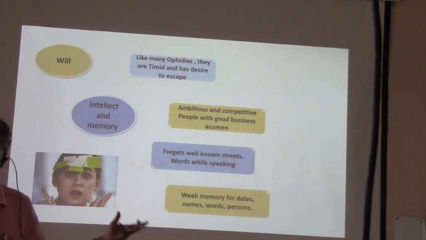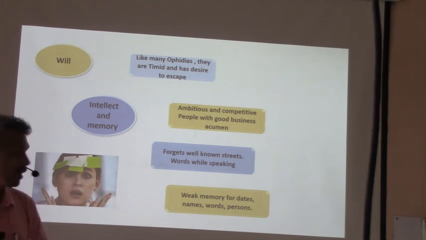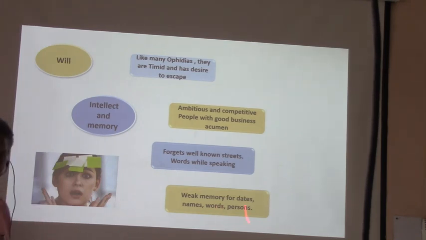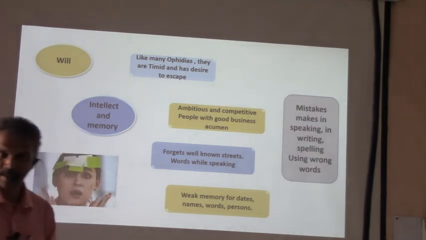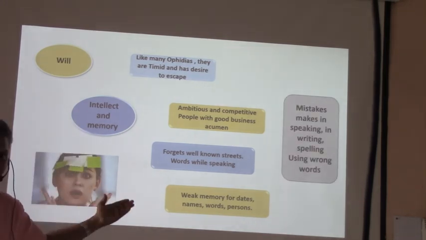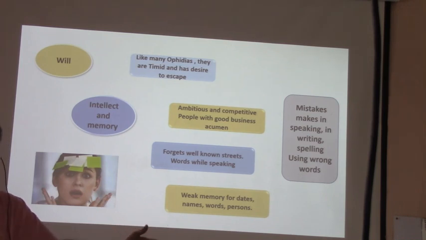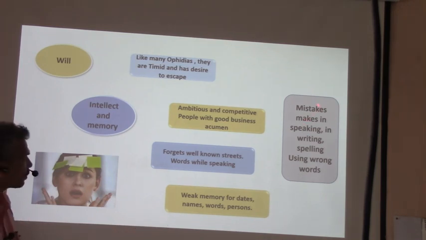Imagine a patient, imagine a child having issues with all this. What generally happens is they tend to make mistakes. Very good, I'm happy you are connecting the series of things happening. So what are all the mistakes they make?